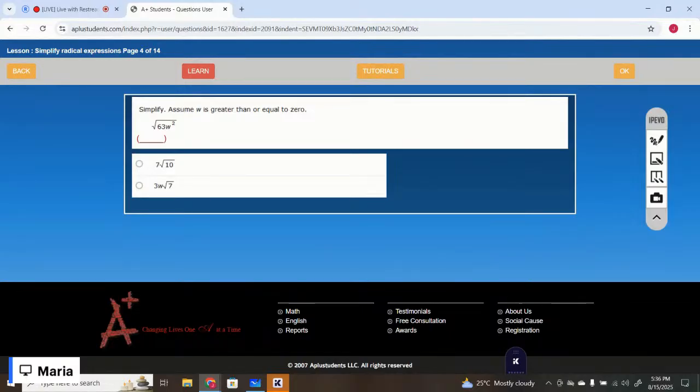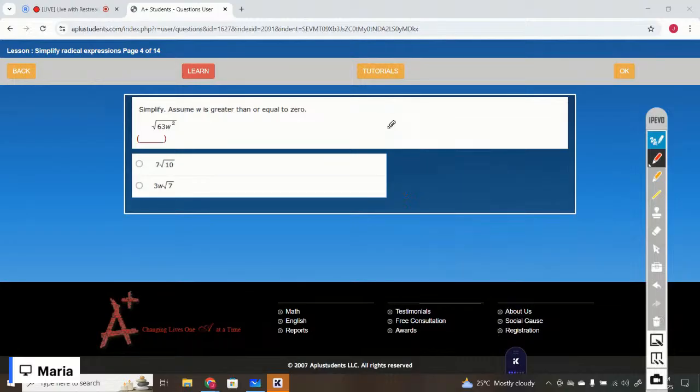Square root 63 w square. Let's just factor out 63: 7 times 3 times 3 w square.